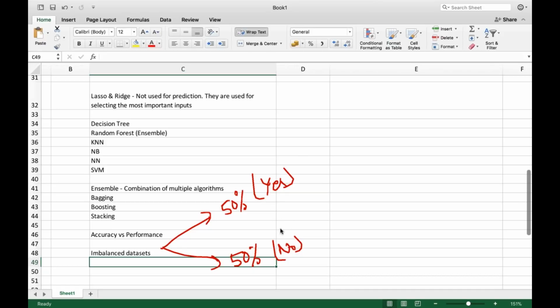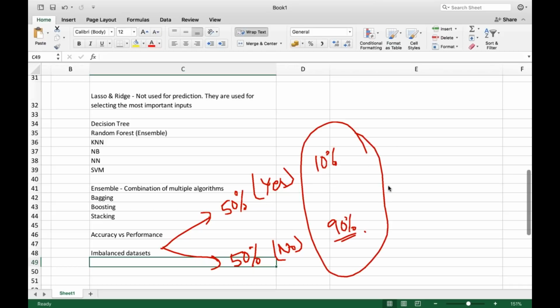Think about loan default. Any bank which gives you data for data analytics is giving you data because that bank exists, meaning the number of people who default is obviously maybe 10% or 8% or 9%. 90% of them do not default. If you have this kind of data, then it is an imbalanced data set.